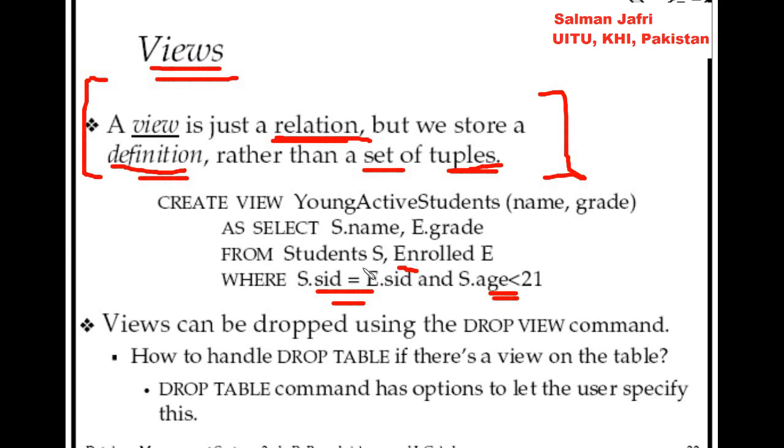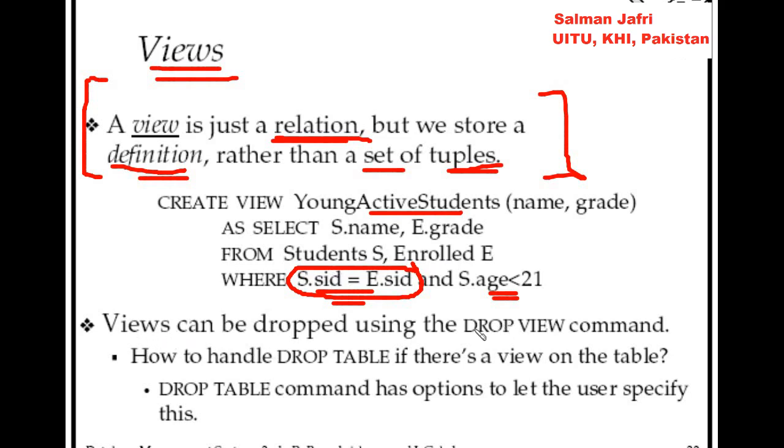So what is this thing that we are applying over here? Equijoin, right? So the name of the view is YoungActiveStudents, and what are the two values we will be having? Name and grade. And how will that name and grade be selected? Based on the joins, because grade would be coming from the Enrolled table and name would be coming from the Students table.